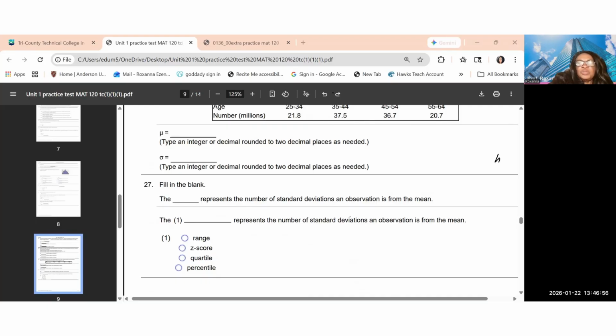Those who are aged between 45 and 54 are 36.7 million. And those who were aged between 55 and 64, they were 20.7 million. 20.7 million, 55 to 64.